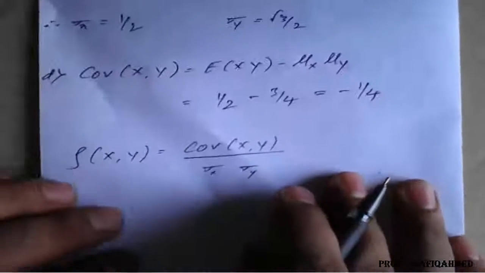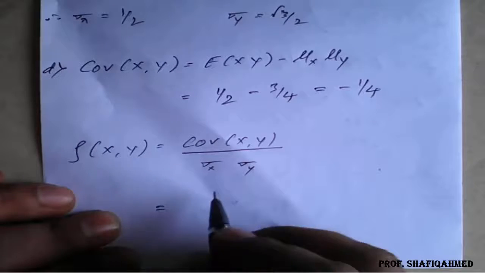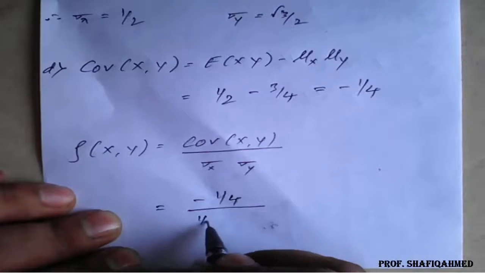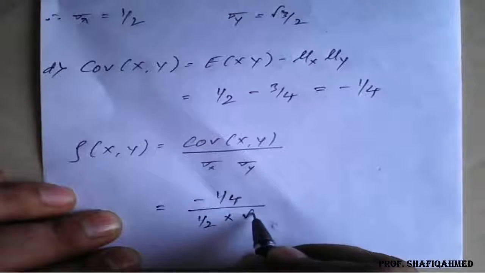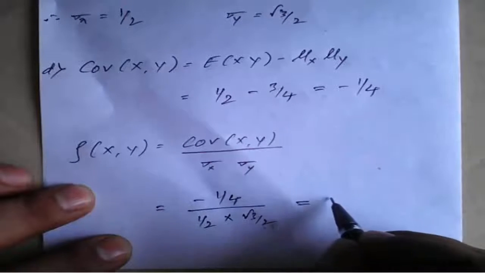The covariance formula we know: the correlation is the covariance of xy divided by the standard deviation of x into the standard deviation of y. The covariance is minus 1 upon 4 divided by 1 by 2 into root 3 by 2. On simplification we will get minus 1 upon root 3.